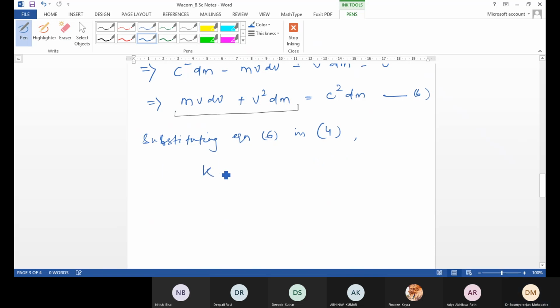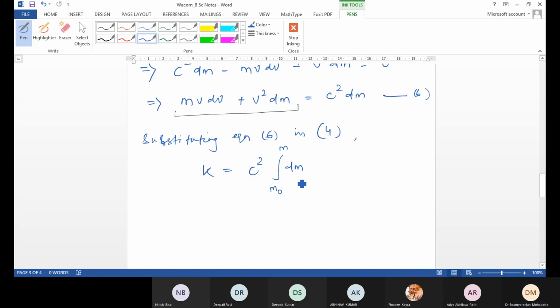You will get K equal to c square, which is constant, so bring it out, times the integration of dm. So the integration of dm will be from where to where? When the particle was not under relativistic correction, it is the rest mass, so this will be m naught. And the upper limit is m. So m naught to m.